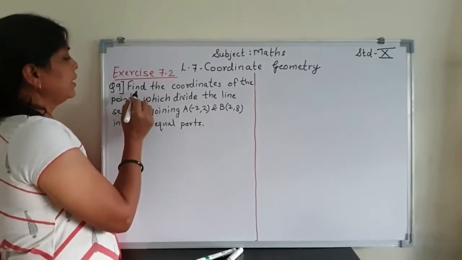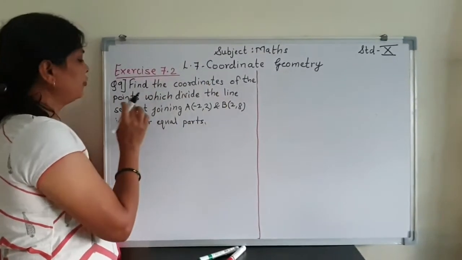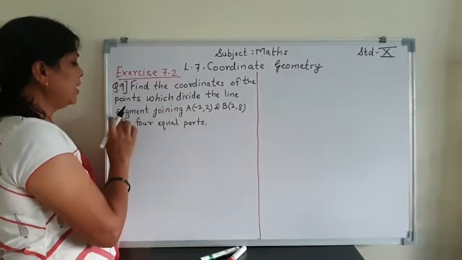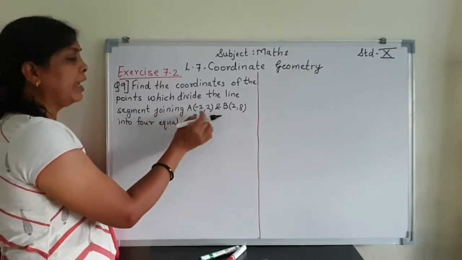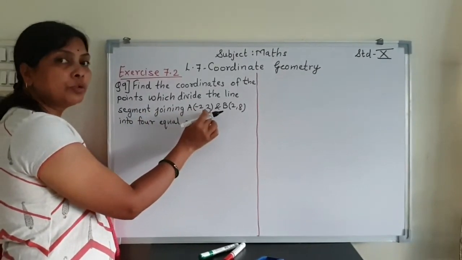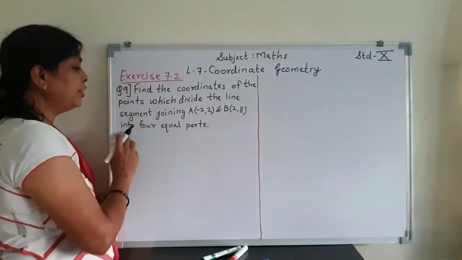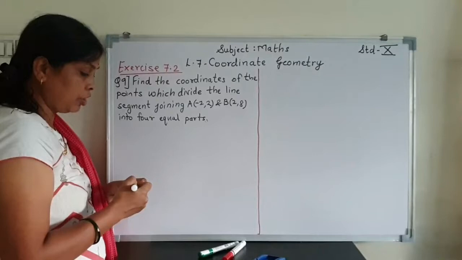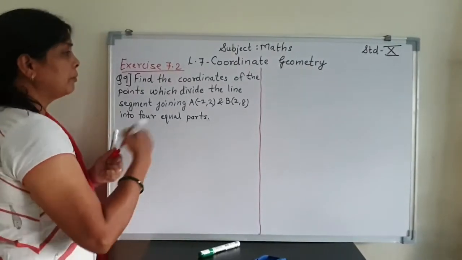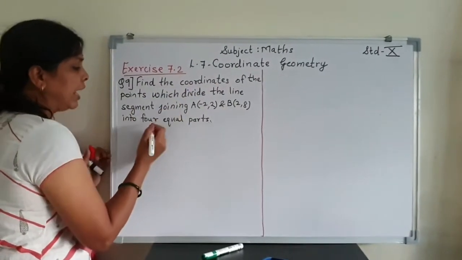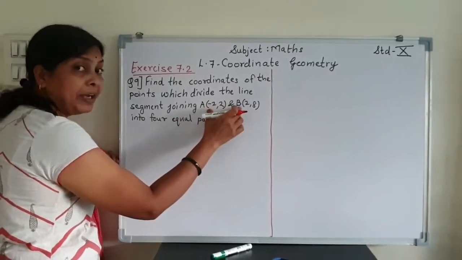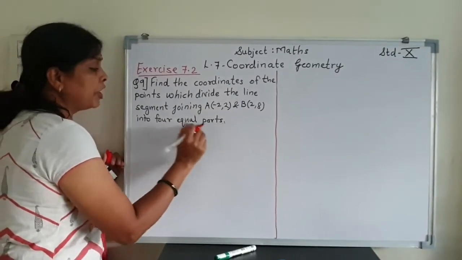Question number 9 is: find the coordinates of the points which divide the line segment joining A with coordinates (-2, 2) and B with coordinates (2, 8) into 4 equal parts. So here we have to find the coordinates of the points that divide the line segment AB into 4 equal parts.